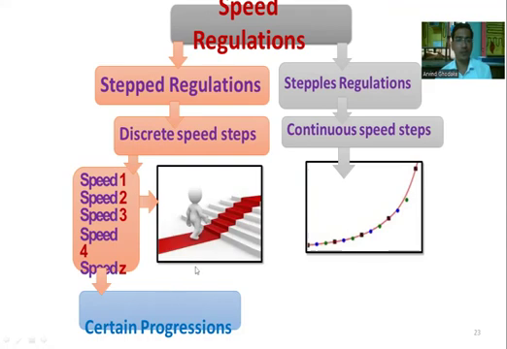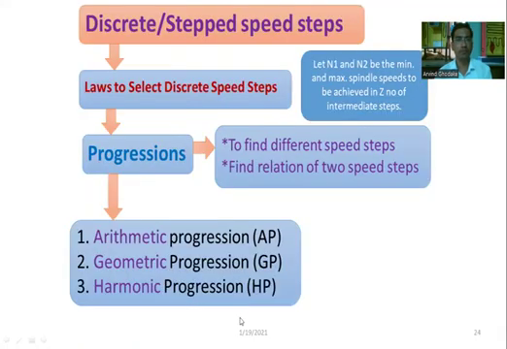There are certain laws of progression taken into consideration for step regulation. To achieve discrete speed steps, progressions are used. Let N1 and N2 be the minimum and maximum spindle speeds to achieve in Z number of intermediate steps.